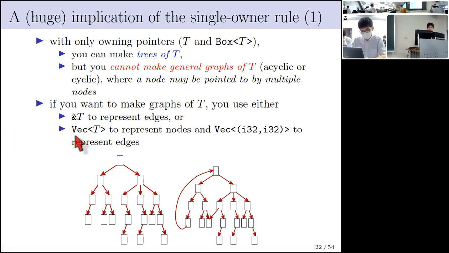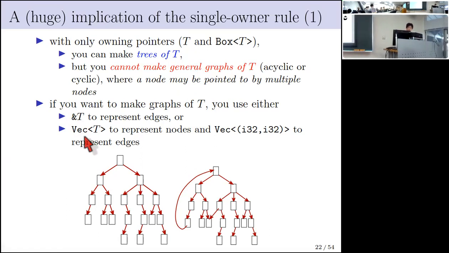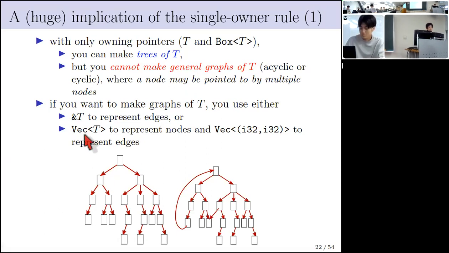Another way we often use to make a graph is to simply make a vector of all nodes, right? This vector has all nodes, and you represent edges by a pair of indexes, right?